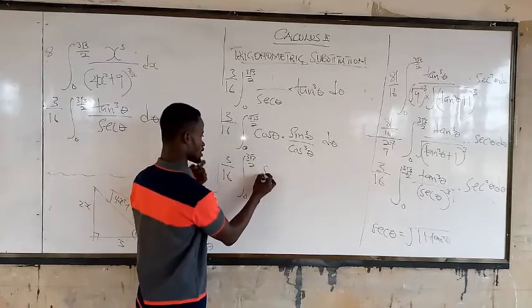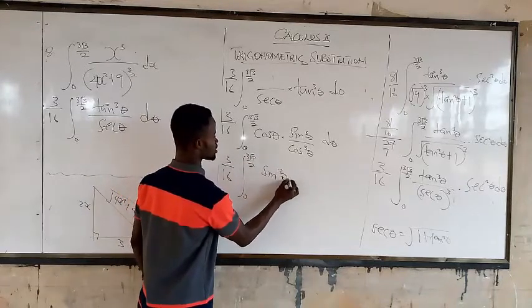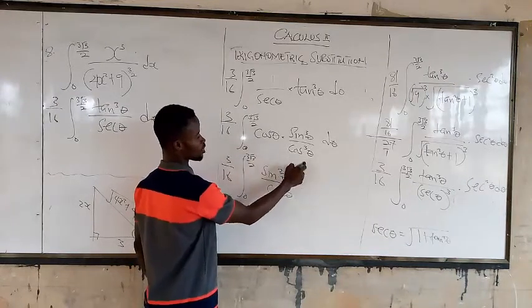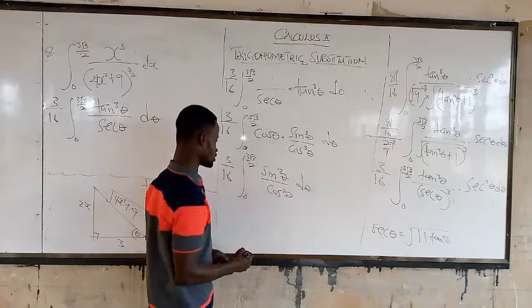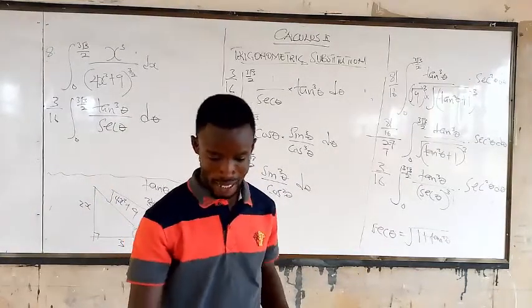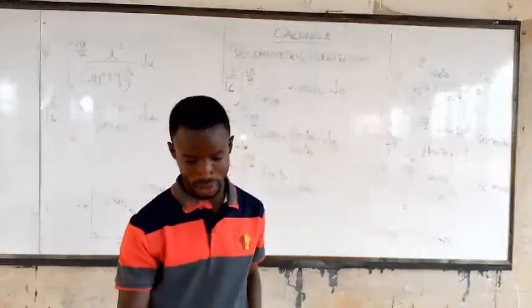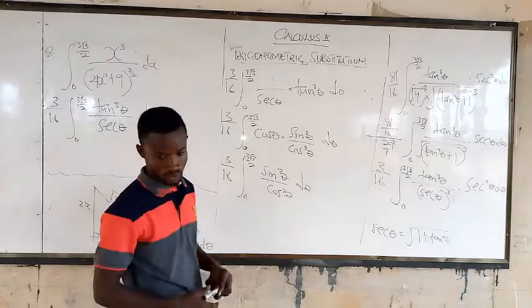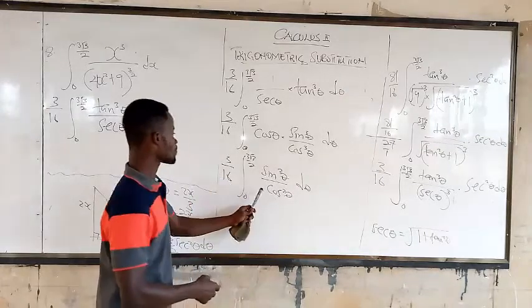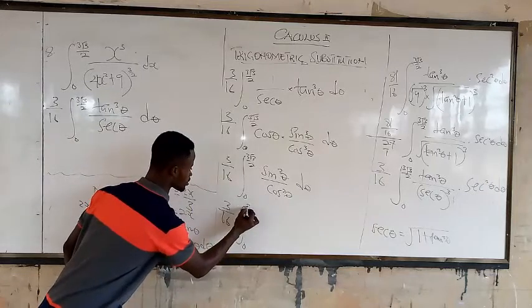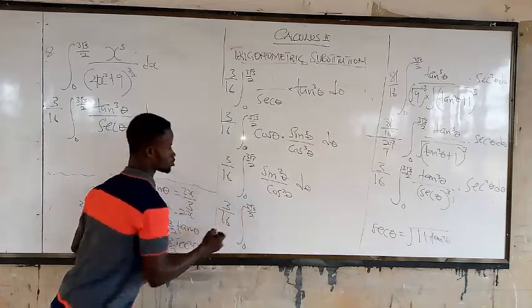And here we are going to get sine cubed theta over cos squared theta, because this will cancel one of the cos theta. Okay. So from what we have here, we can still continue and solve it, because we know that here 3 over 16, square root of 0, 3 over square root of 3 over 2.